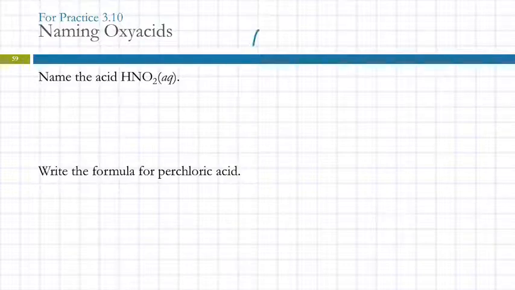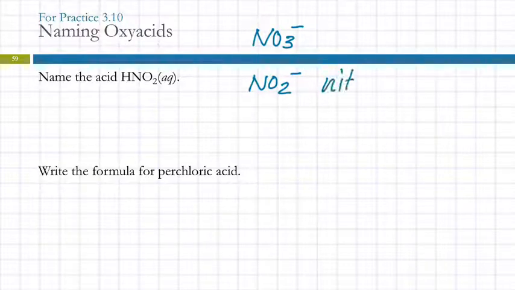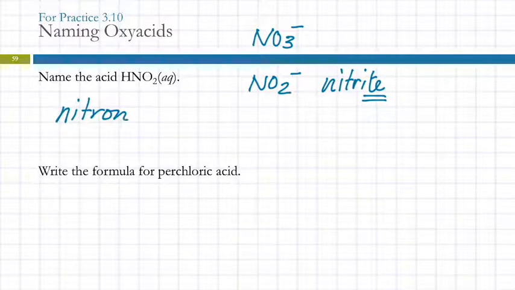Nitrite. Because we memorized nitrate, it's NO3 minus. This has one less oxygen. This is the lite version. So this is nitrite. So we change ite to us. Nitrous acid.